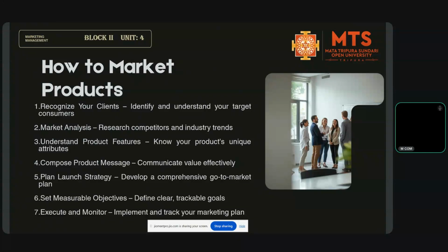Based on these you have to plan your strategy while launching the product in the market.